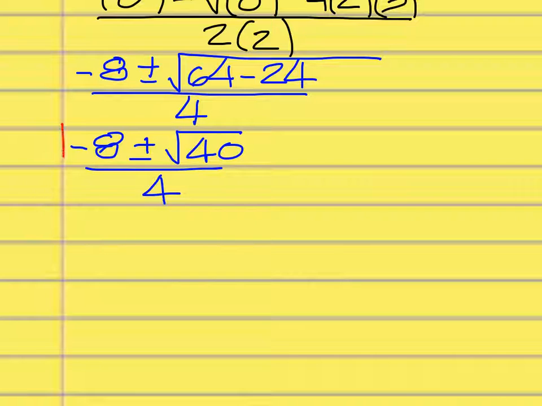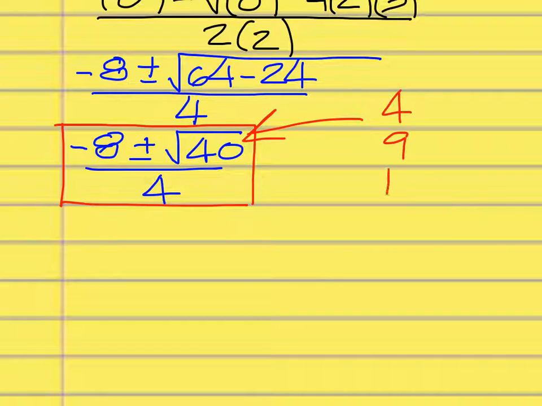Now, if we want to leave this the way it is now, I have no problem with that, but at some point you're going to have to learn how to break up things like square root of 40. You must know your perfect squares, except one. So it would be 4, 9, 16, 25, 36, 49, 64, and on out. Can you find a perfect square that divides evenly into 40?